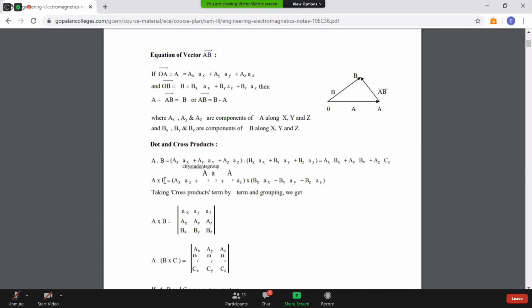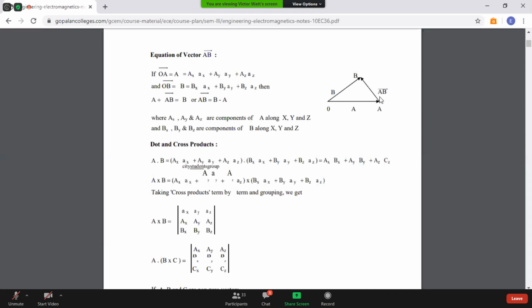So then, if we look at these two vectors here, A and B would form a parallelogram by putting B here and A here, right?